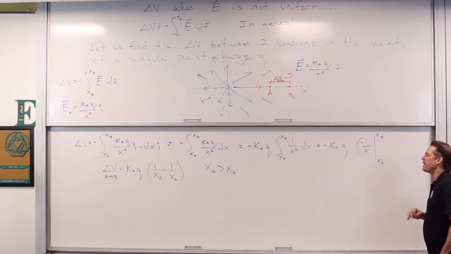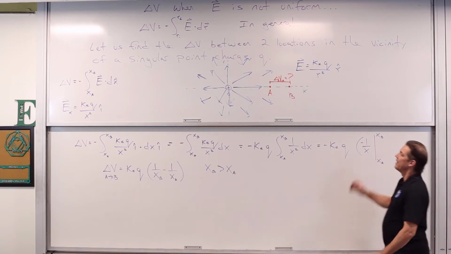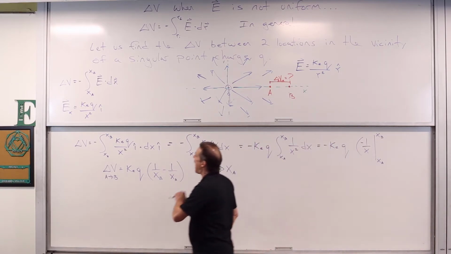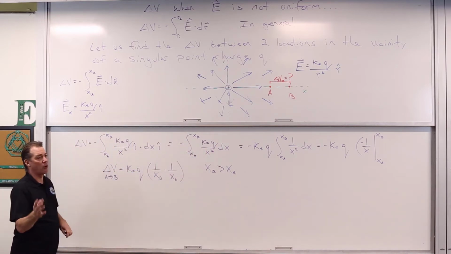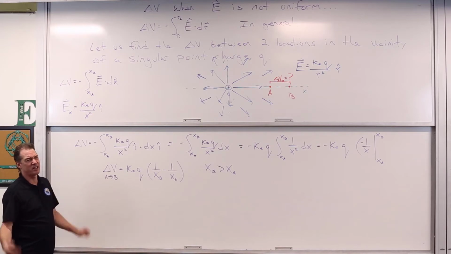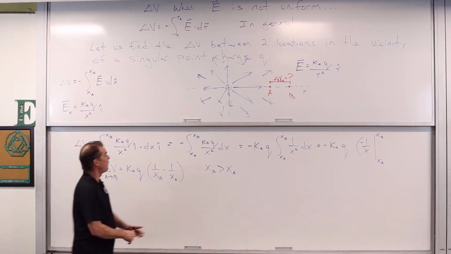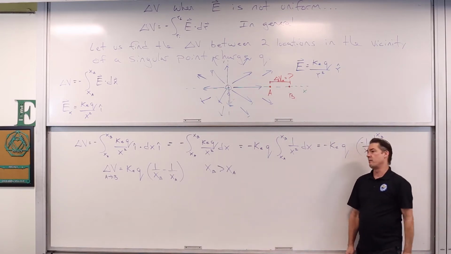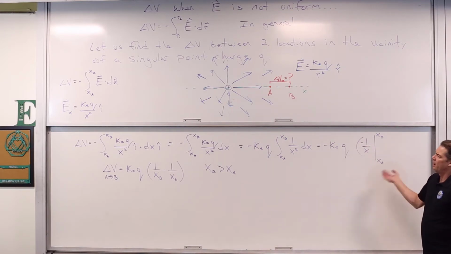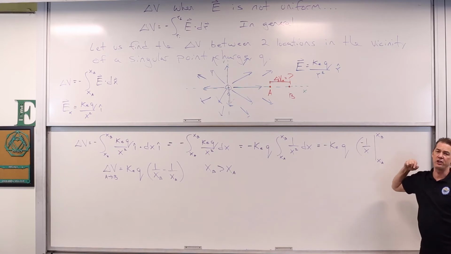That is under the assumption that the electric potential at infinity, yes, infinitely far away, is equal to 0, which should make sense when you're infinitely far away from this point charge. The electric field has gone basically to 0, and also the potential at that location should be equal to 0 as well.